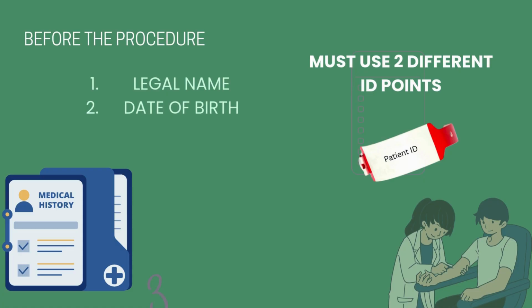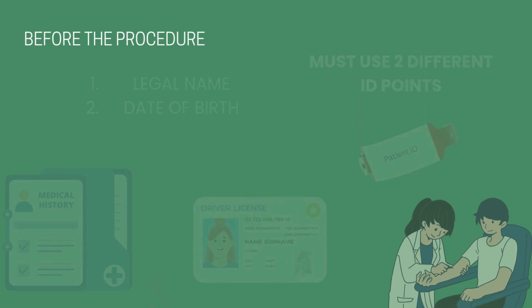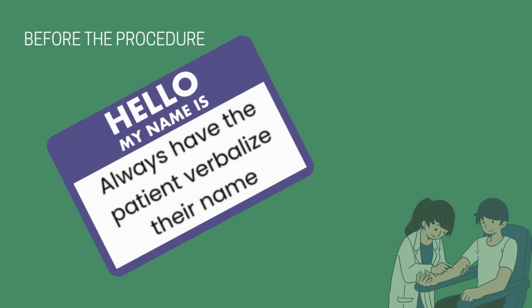In outpatient settings where wristbands aren't used, ask the patient to state their full name and date of birth, and request a photo ID such as a driver's license to verify their identity. Engaging the patient to state their information, rather than simply confirming details you read aloud, helps catch mistakes before they happen. It is important to have the patient tell you their name, and not just nod their head to your reading of their information.